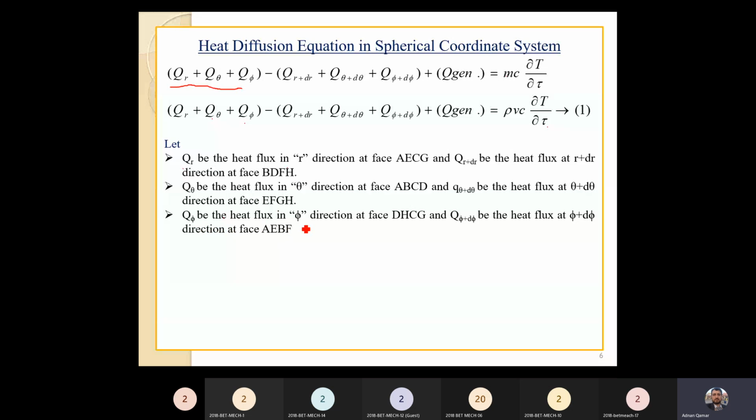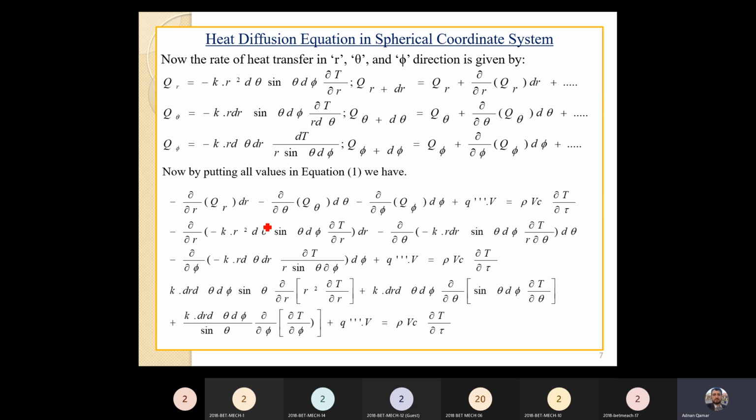Q phi is the heat flux in phi direction at face DHCG, and Q phi plus d phi is the heat flux in phi plus d phi direction at face AEBF. So now the rate of heat transfer in r, theta and phi direction is given by, what is Qr?